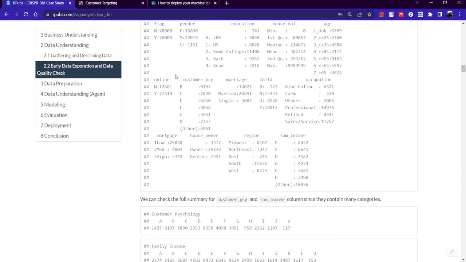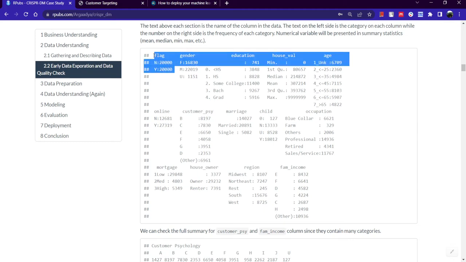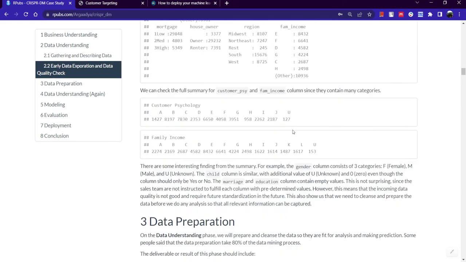For example, flag indicates whether the customer has made a purchase or not, yes and no. Actually we have a balanced data set according to the flag attribute. We have 20,000 customers who haven't purchased the product versus 20,000 customers who have purchased the product, and so on and so forth.